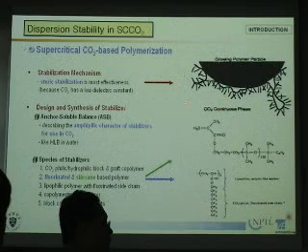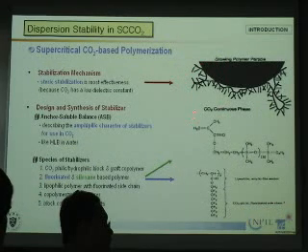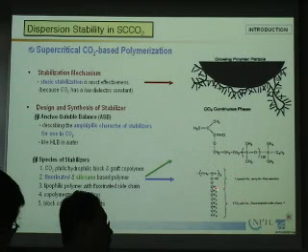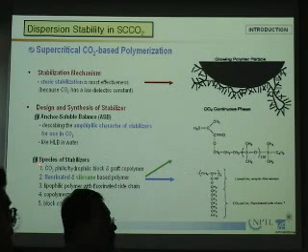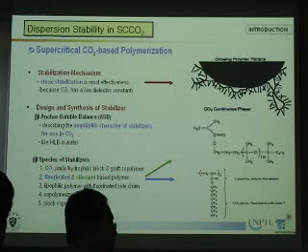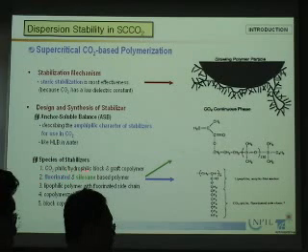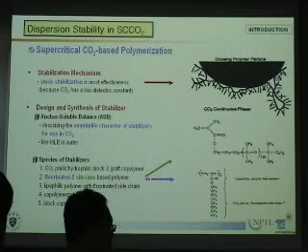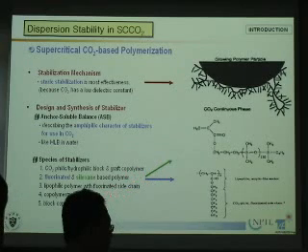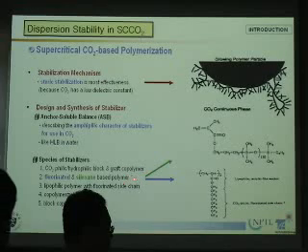Okay, for this, you need to have some kind of stabilizers to make the dispersion in the continuous supercritical fluid. So several choices you can make. The one is the CO2-philic, hydrophilic graft polymer you can use as a stabilizer, or fluorinated or siloxane-based polymers you can use as stabilizers.